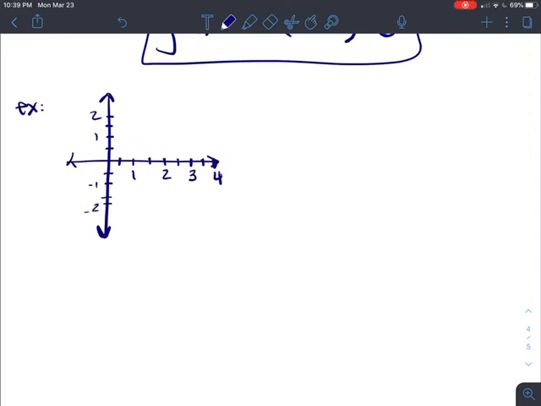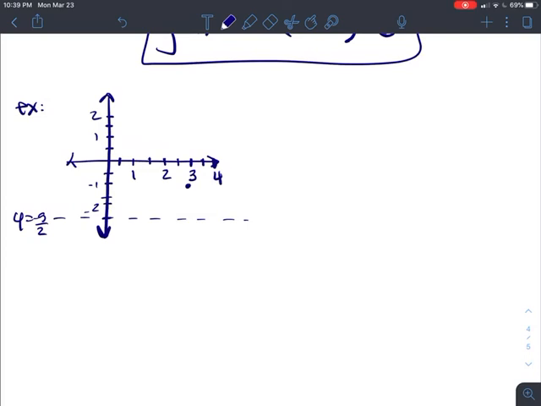So they tell us that our asymptote is at negative 5 halves. Okay, so that's going to be right here. So y equals negative 5 over 2. So I'll draw my asymptote in. Okay. Our first reference point is at 3, negative 1.